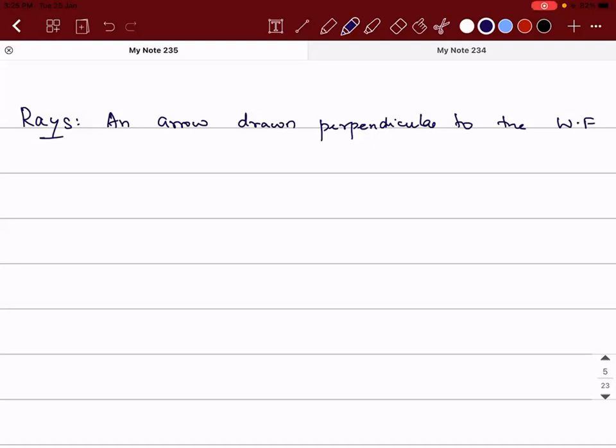In the previous chapter, the definition of a ray was an arrow mark which had a starting point but no ending point. Now we are trying to define the same ray in terms of the wavefront. If you draw an arrow perpendicular to the wavefront, then that is what is called a ray.